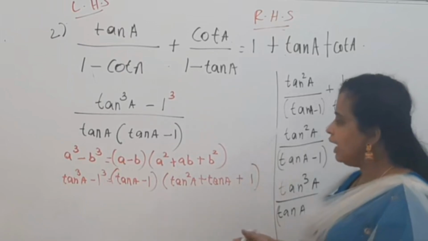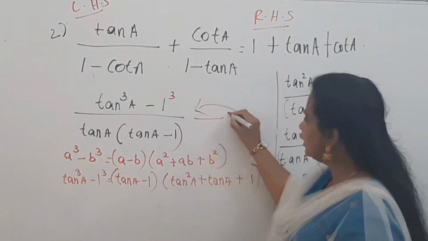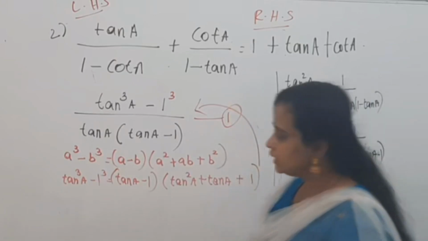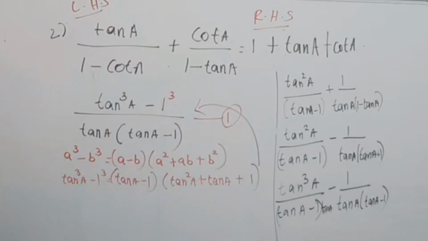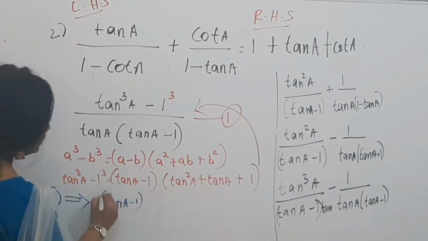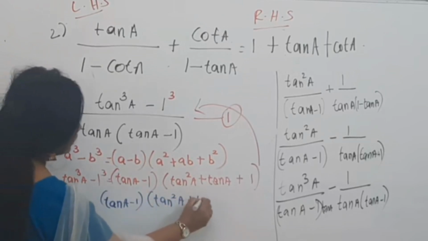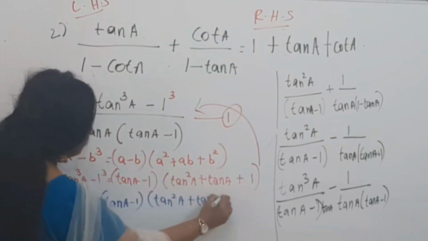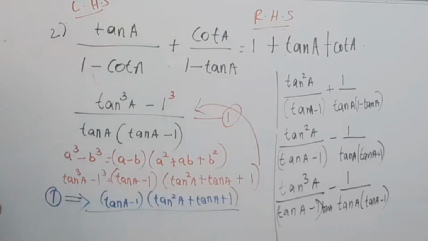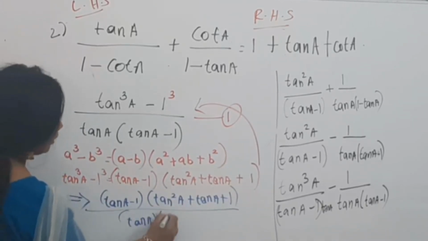So, now I am going to substitute here in this. So, let me call this the first equation. My first equation implies the numerator becomes tan a minus 1 into tan square a plus tan a plus 1, divided by tan a into tan a minus 1.